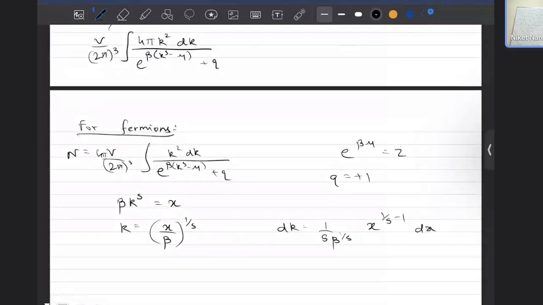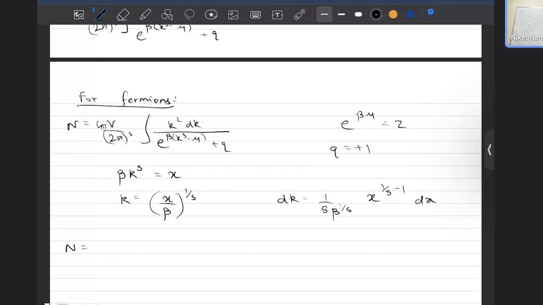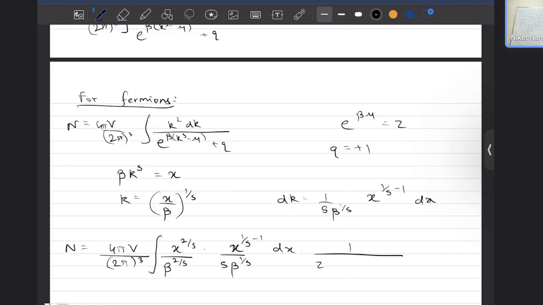dx. So now substituting this inside, n is equal to 4 pi V divided by 2 pi the whole cube, integral k square. K square is just x power 2 by s divided by beta power 2 by s, into dk, which is 1 by s beta raised to power 1 by s, x raised to power 1 by s minus 1 dx, into the denominator z inverse e power x plus 1.